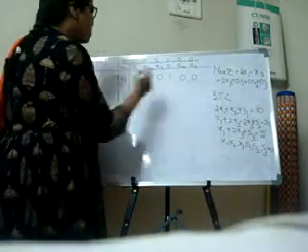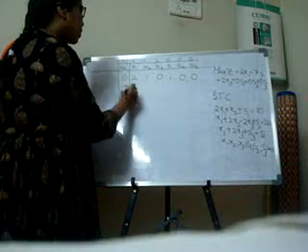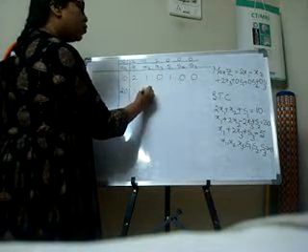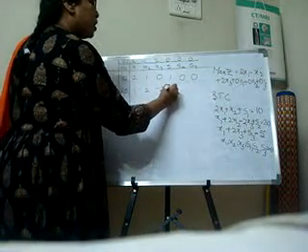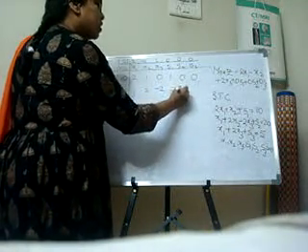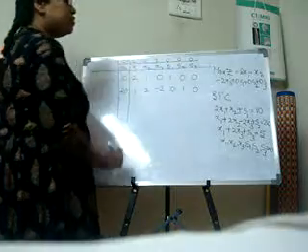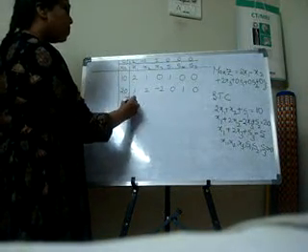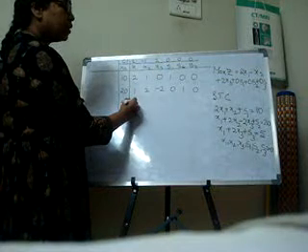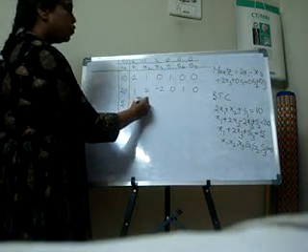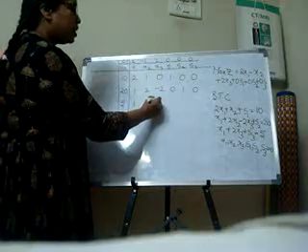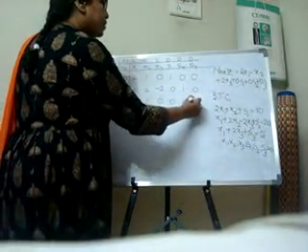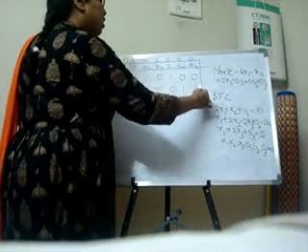Here basis is 20 and coefficient of x1, x2, x3, s1, there is no s1, s2 is there, s3 is not there. Now the third equation, 5 is the basis, and here x1 1, x2 2, x3, there is no x3, there is no s1, there is no s2, and s3 is 1.